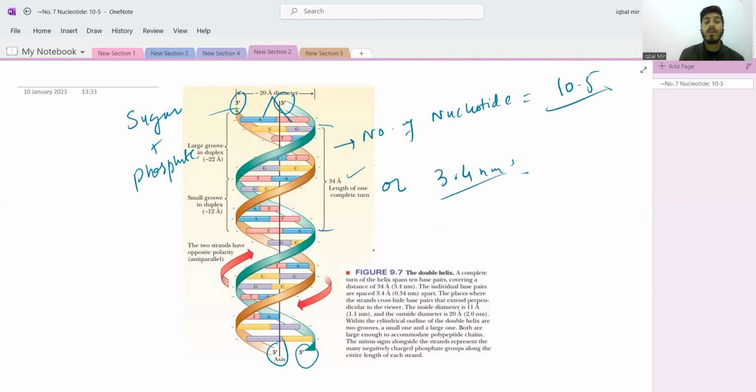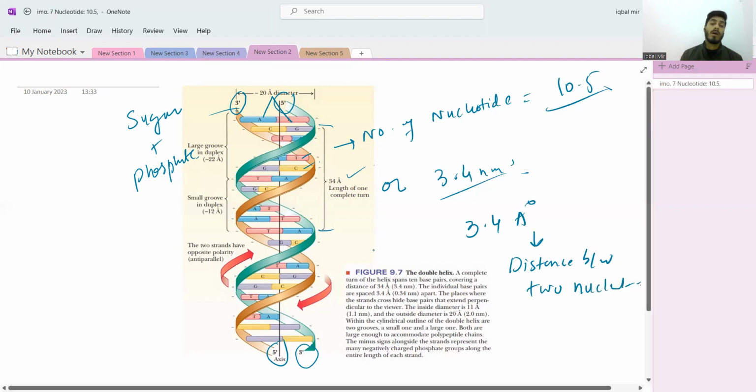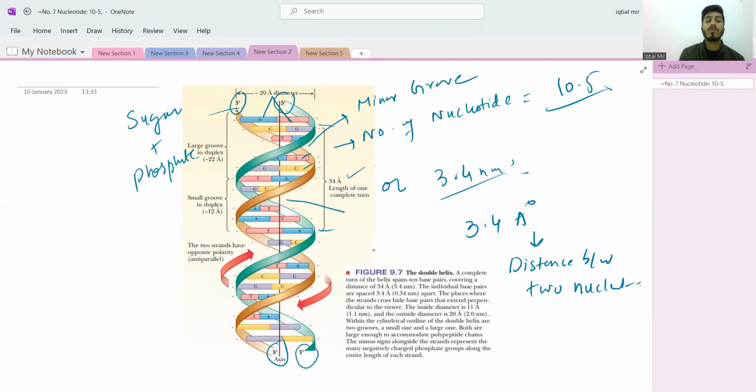And the distance between two consecutive nucleotides is 3.4 angstroms. So it is the distance between any two nucleotides. Another thing, DNA has a minor groove. The other groove is the major groove.